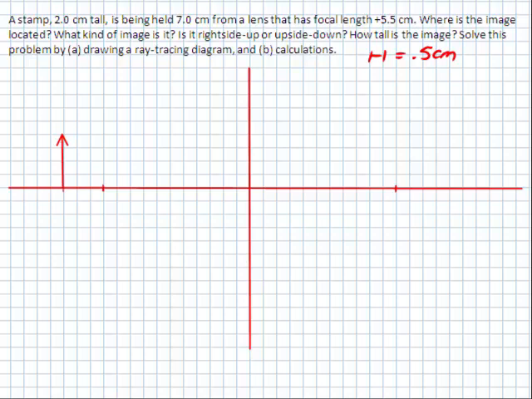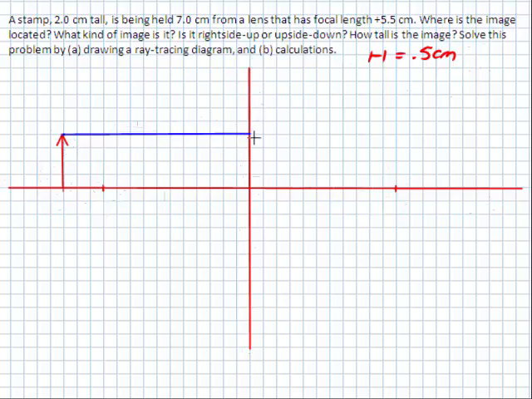As you can see here, we've got the principal axis already drawn, and the lens and the focal points are already marked. And there's our object, 4 blocks tall, where a scale of 1 block is half a centimeter. We're going to start off by drawing our principal rays, and here is the parallel focus ray.